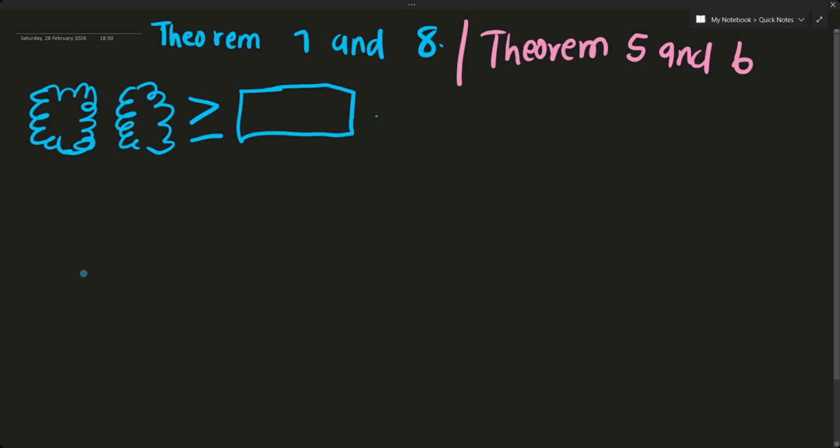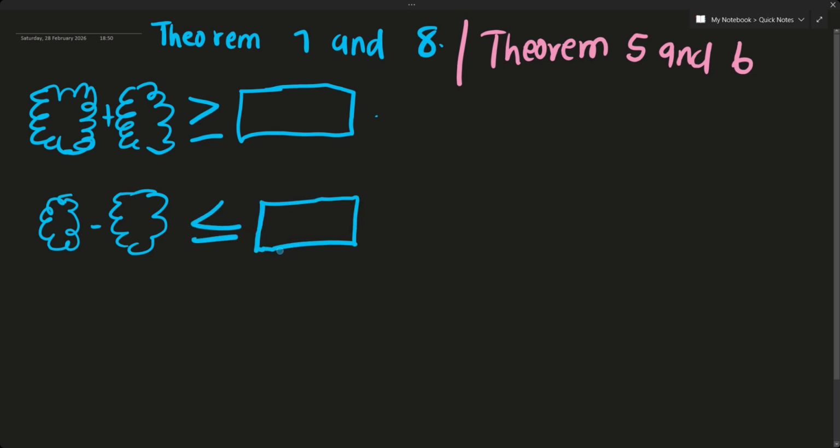So in theorem 8, we're gonna talk about what happens when the smaller pieces are subtracted: they are less than the bigger piece.